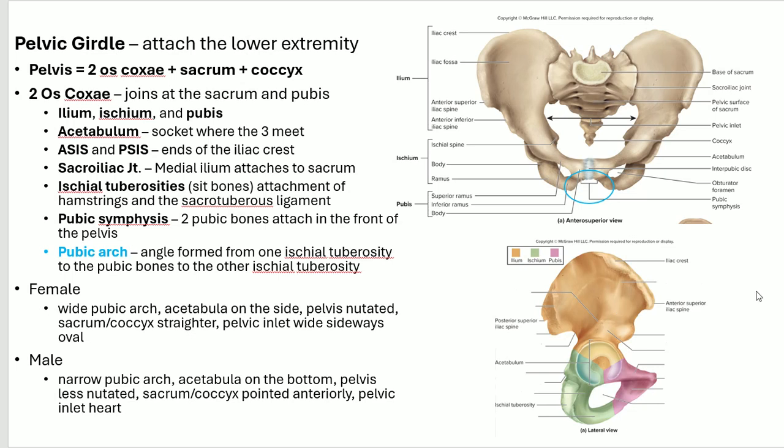Let's see. ASIS and PSIS. So that is the anterior superior iliac spine. It's right here. And the posterior superior iliac spine. So those are the ends of the iliac crest. On your lower back, you see 2 dimples where the pelvis is closest to the skin, and that's the posterior superior iliac spine.